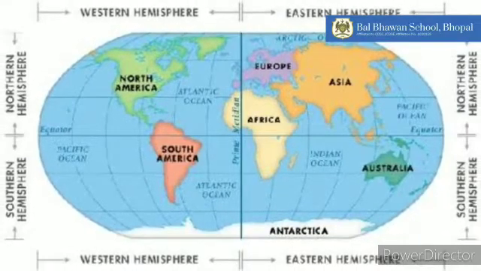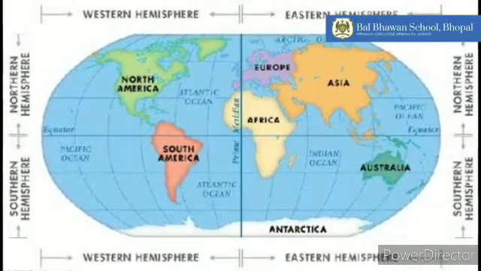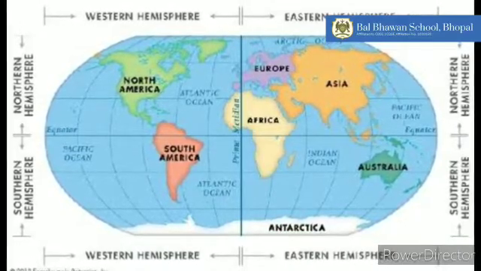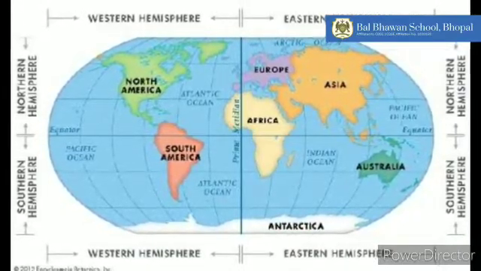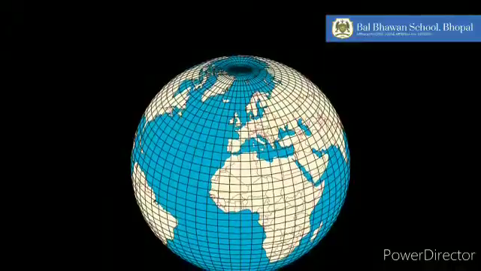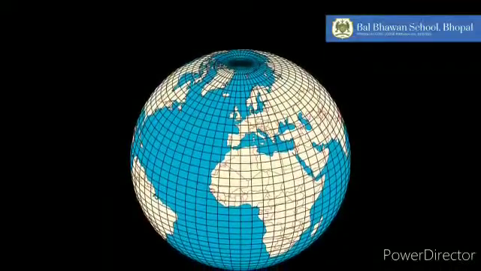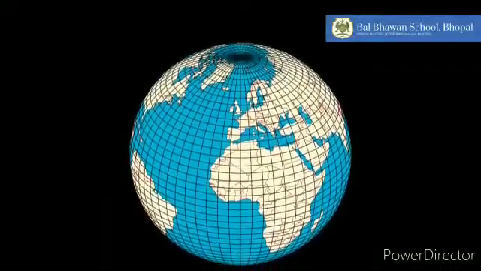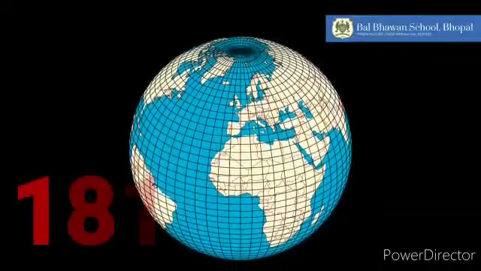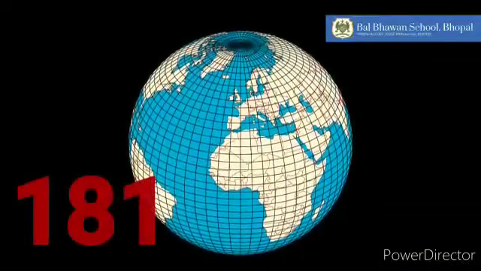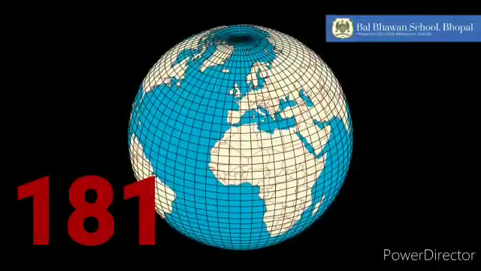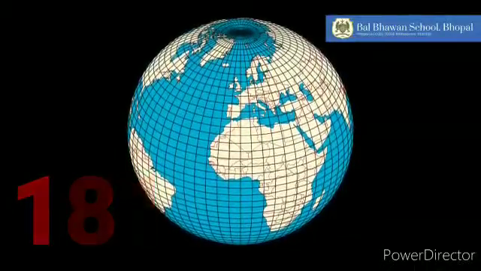Similarly, from the equator to the south pole, we have 90 parallels which are marked with an interval of 1 degree. As such, how many parallels do we have? Exactly, 181. 90 parallels from north, 90 parallels from south plus our equator.